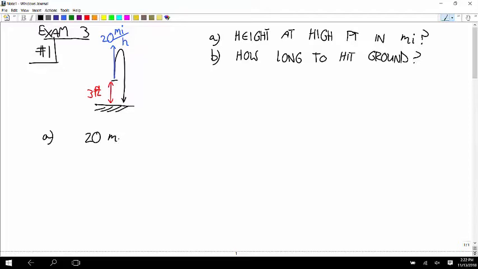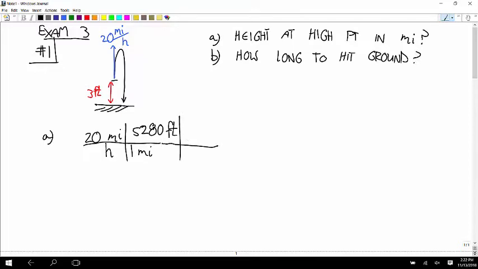So 20 miles per hour. We can convert from miles to meters. So I can go miles to feet. 1 mile is 5,280 feet.